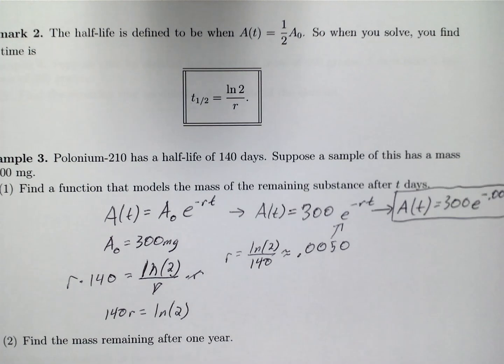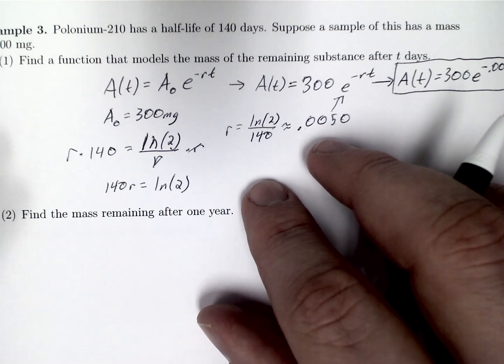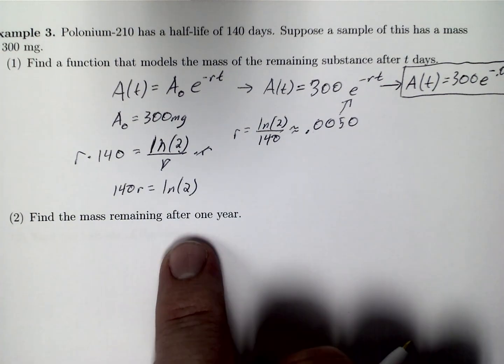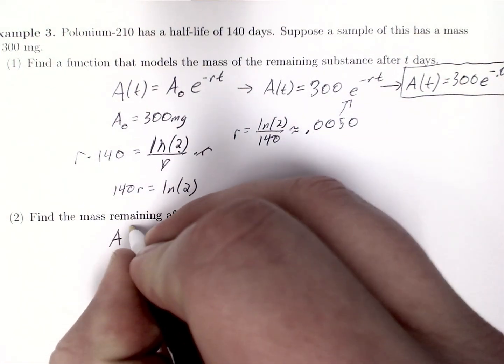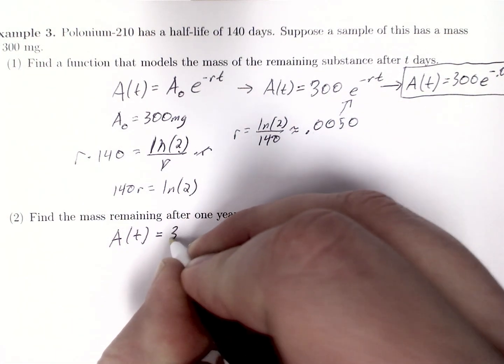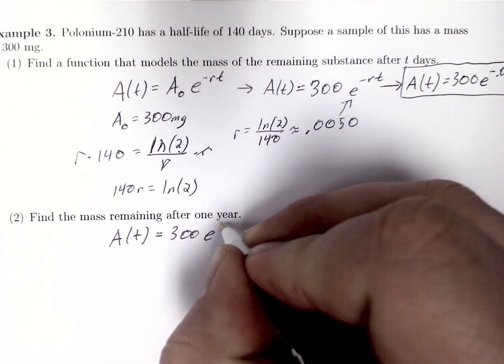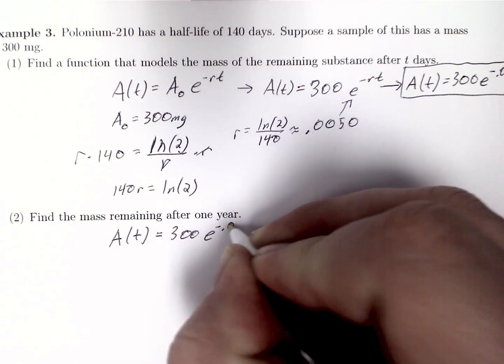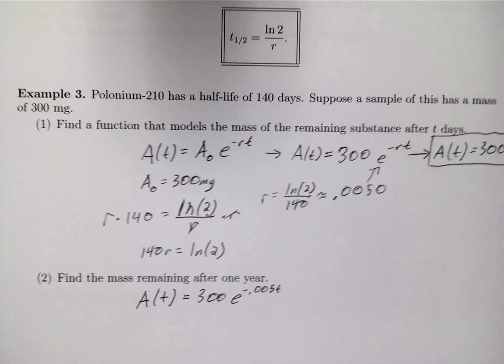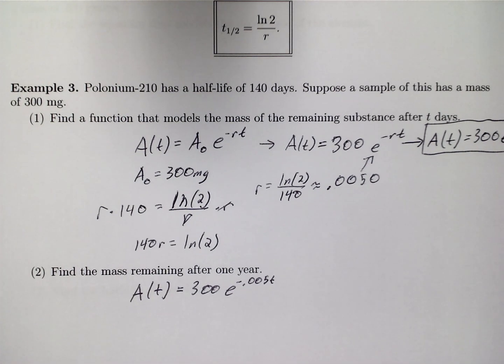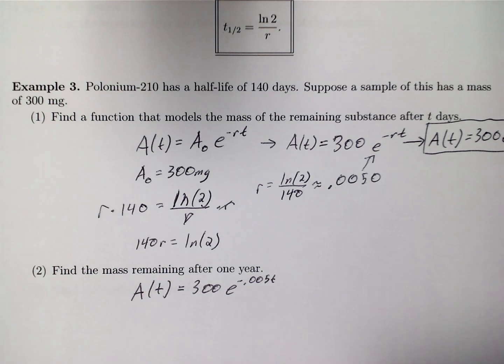So let's first rewrite our formula down here. It says find the mass remaining after 1 year. Let's just rewrite this so everything's not off the screen. All right, let's remind ourselves. This is our formula.